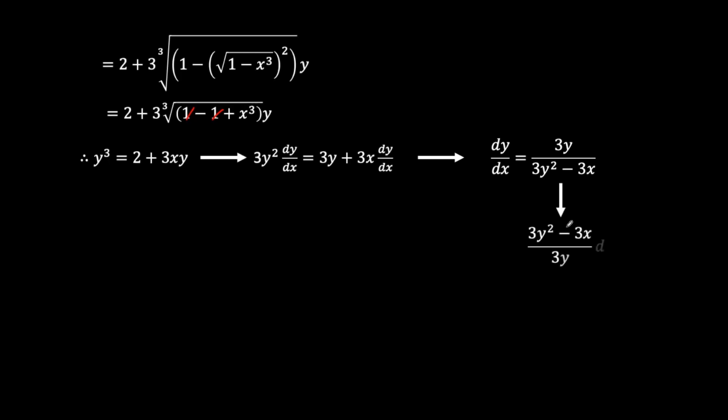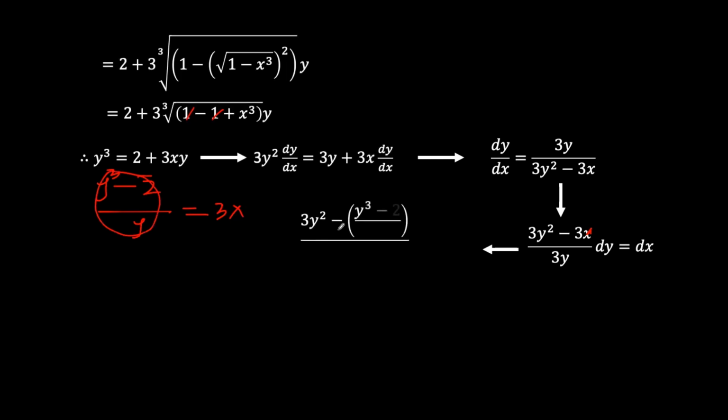And then what that means is that (3y squared minus 3x) over 3y dy is the same as dx. So we would like to express this x in terms of y. Here, 3x is the same as (y cubed minus 2) over y. So we can substitute for this 3x with these components.